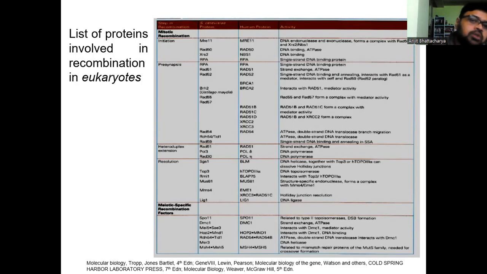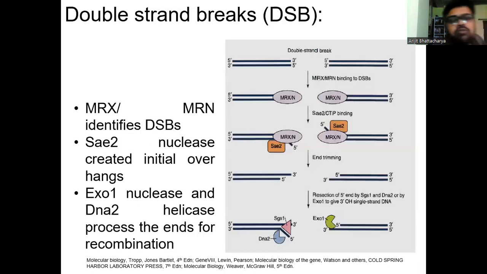DMC1 is the meiosis-specific RecA ortholog. So there are some meiosis-specific recombination factors, and the factors we named initially are mitotic recombination factors. All of these factors have been identified, and their functions have been experimentally validated. So these are the eukaryotic and prokaryotic components for recombination.